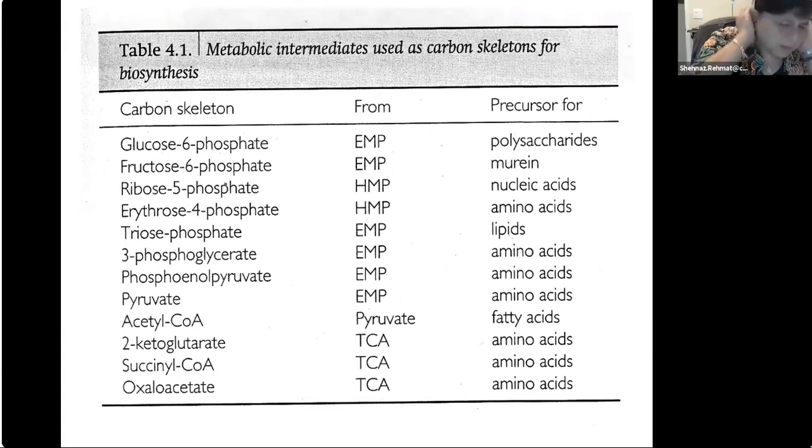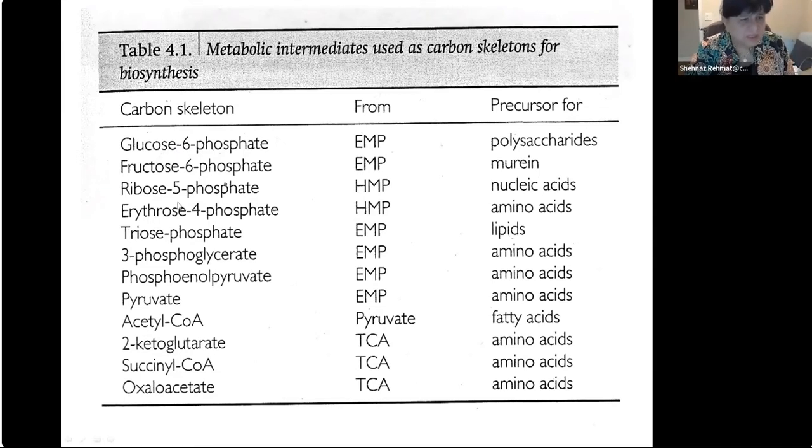Now, what are some of these metabolic intermediates that we are talking about that will be used as carbon skeletons for biosynthesis, and where do they come from? Without knowing them now, because we haven't even looked at the pathways, just to give you an idea, these are your 6 important intermediates from the Embden-Meyerhof pathway or the HMP or the TCA.